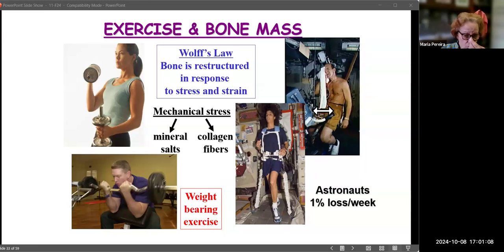So what happens to individuals that are not exercising? That means that the osteoclasts take over and the bones become less dense. Also in astronauts, because there's no gravity, the osteoblasts are not being active. So astronauts lose 1% of bone matrix per week.